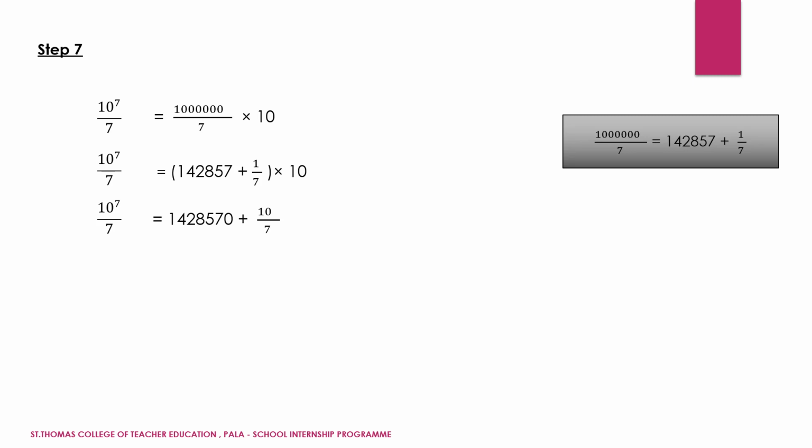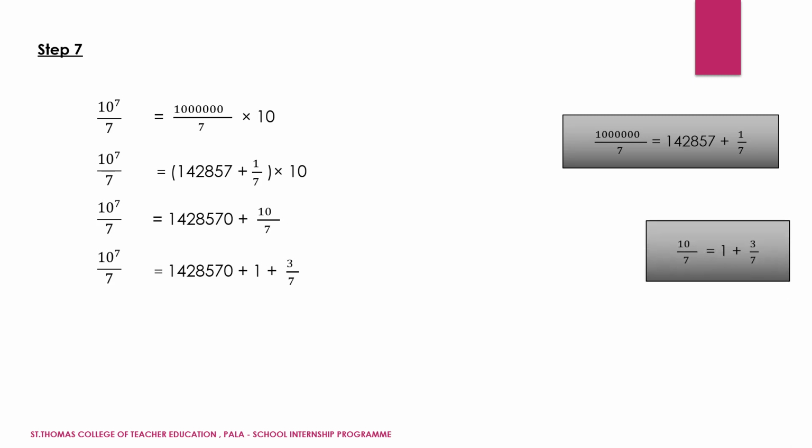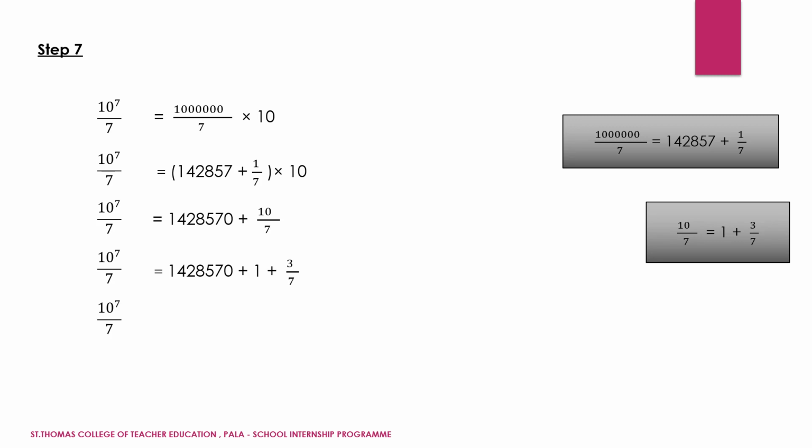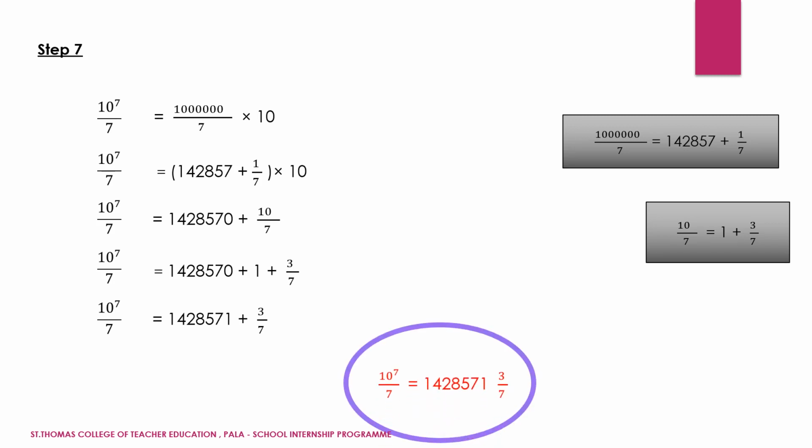Now on analyzing 10 by 7, we can write it as 14,28,570 plus 1 plus 3 by 7, because 10 by 7 is equal to 1 plus 3 by 7. On adding, we get 14,28,571 plus 3 by 7. So in short, we can write 10 raised to 7 by 7 as 14,28,571 3 by 7.